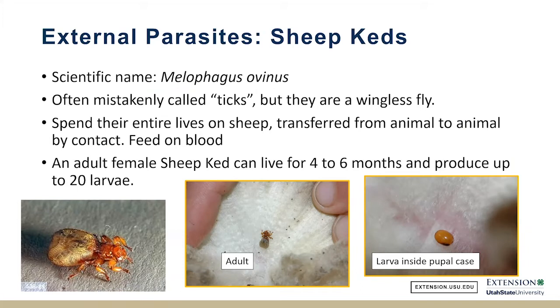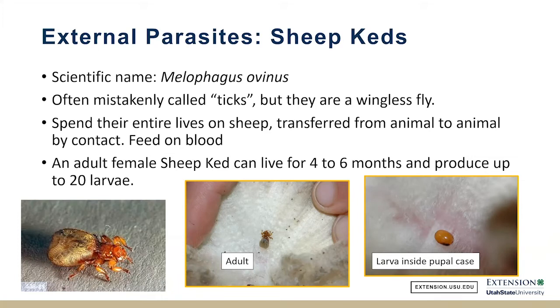They do have a section on their body that fills up with blood, and they do look similar to a tick to maybe an untrained eye or someone who's not completely familiar with all these different types of insects and parasites. But really, sheep keds are a type of wingless fly. So they're a little bit different from a tick, which is more like an arachnid, okay?